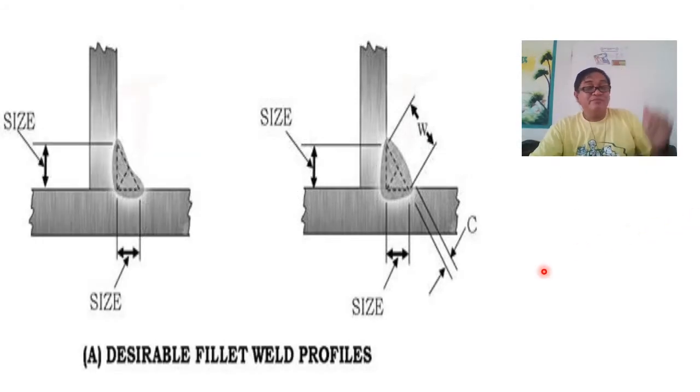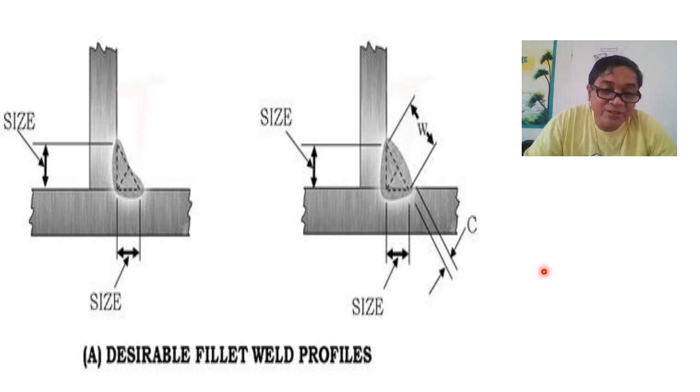In here we have the desirable fillet weld profiles. As you see, you have here the dimension, the sizes of the weld leg. That's the leg. And you notice there is a right triangle with the dash lines, and that's the safe zone that you will not exceed in your weld.